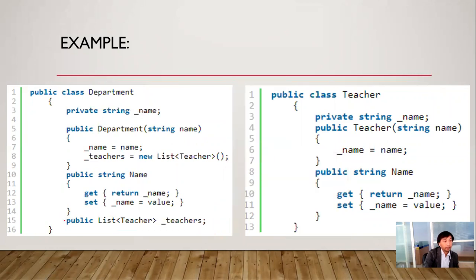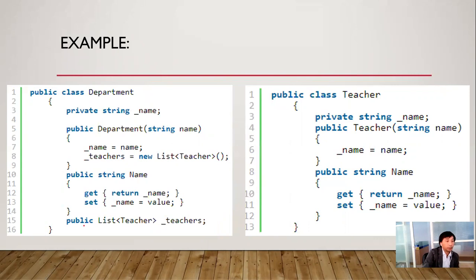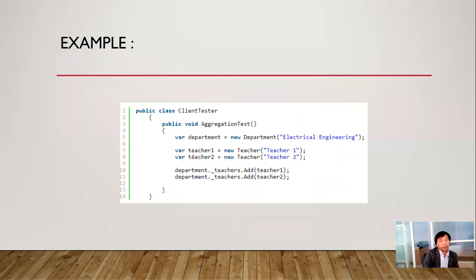So in this manner, the department class has a list of teachers or a group of teachers. Okay, and in the main class, we will use this kind of method. So firstly, we create the department object.